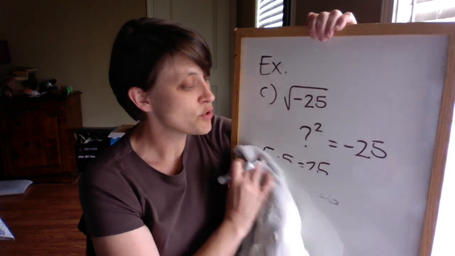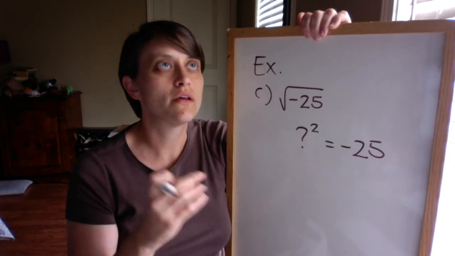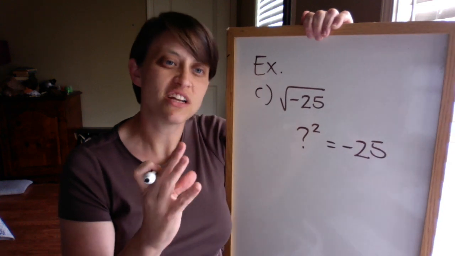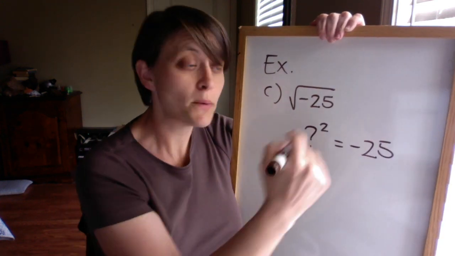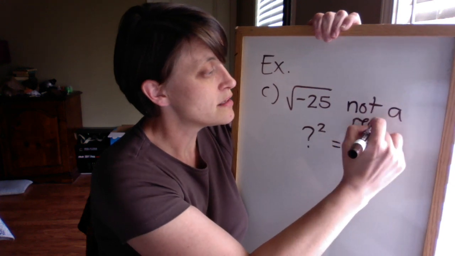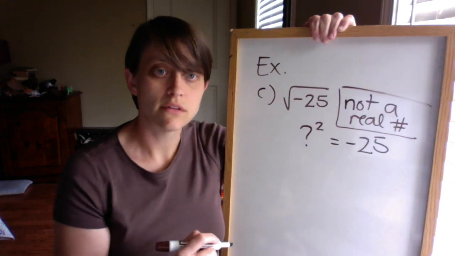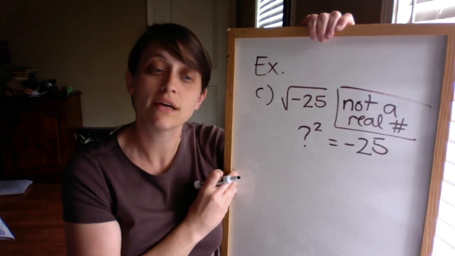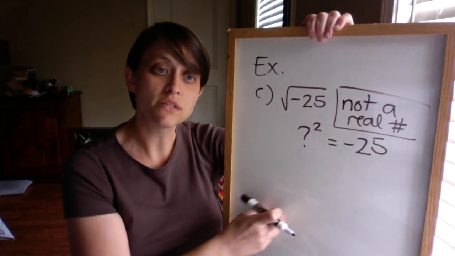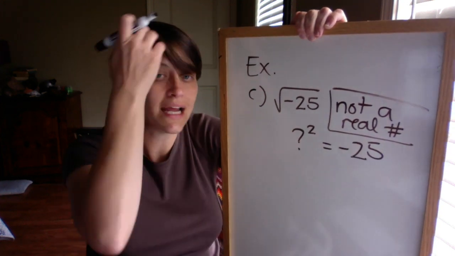They belong to a group of numbers called the complex numbers, sometimes a part of the complex numbers, the imaginary numbers. But for our purposes, this thing is not a real number, and that's where you can just stop. The square root of a negative number is not a real number, for the reasons we just talked about. We can't square a number and get a negative number.